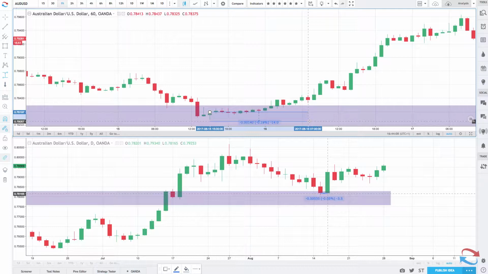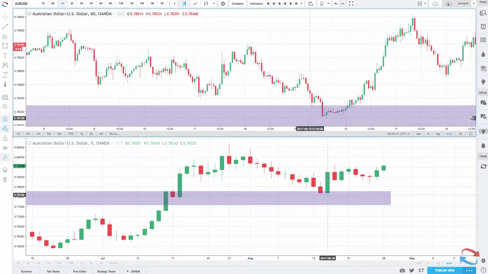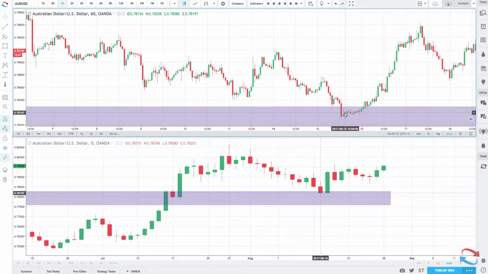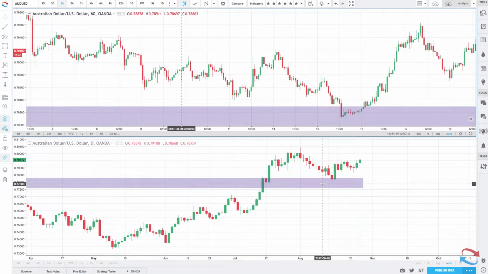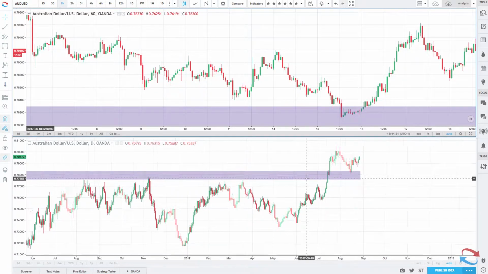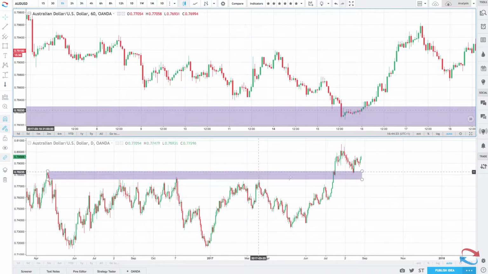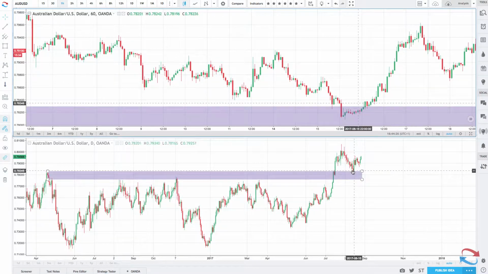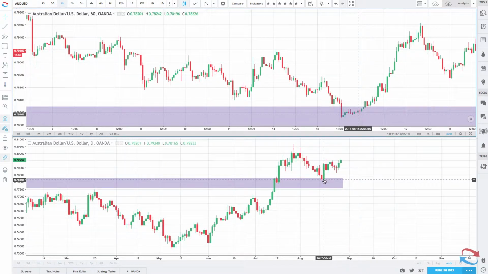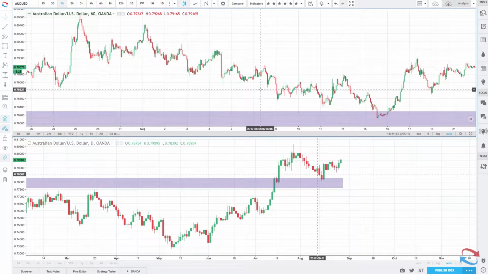So rather than risking 120 pips, they would risk about 20 pips on the hourly. So using the daily time frame for their major levels for support and resistance, and also the hourly for the precision entry.